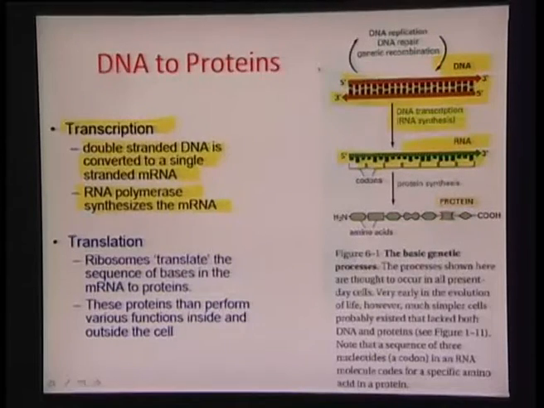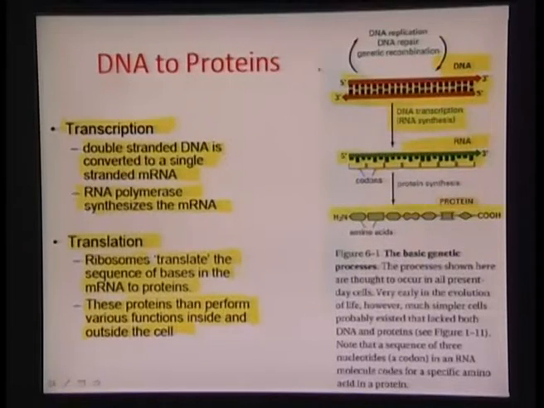So the RNA synthesis is done by the RNA polymerase molecule from DNA to RNA, where a much more compressed code is developed based on reading the DNA molecule. And then you have translation, which is done by these intelligent nanomachinery called ribosomes, which translate the sequence of the bases in the mRNA to the corresponding proteins, and these proteins then perform various functions inside and outside the particular cell.